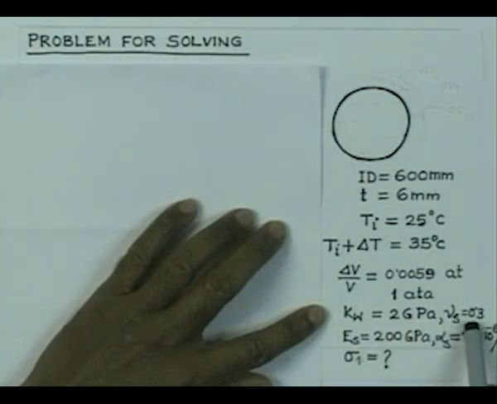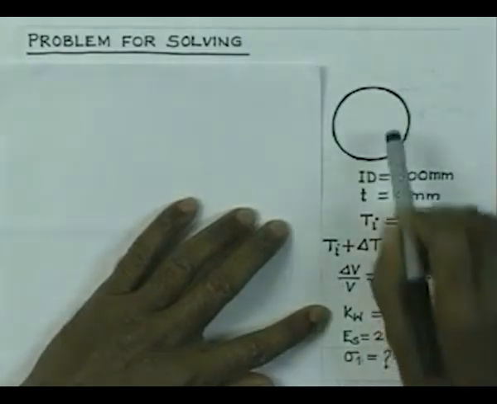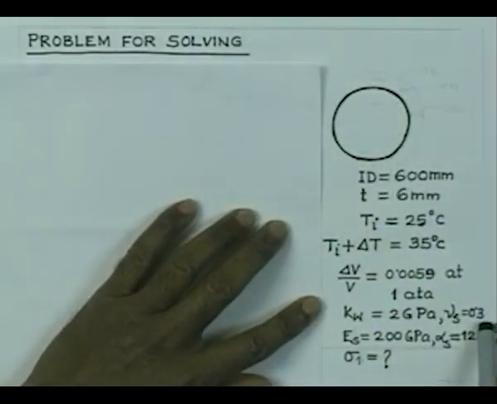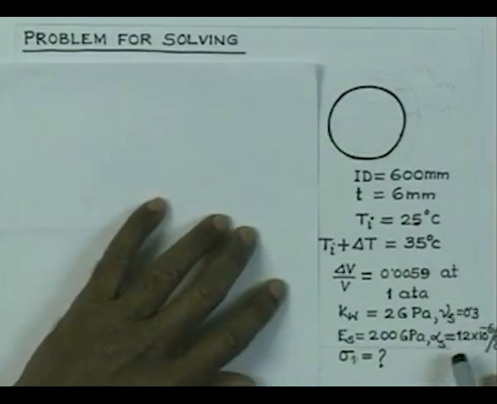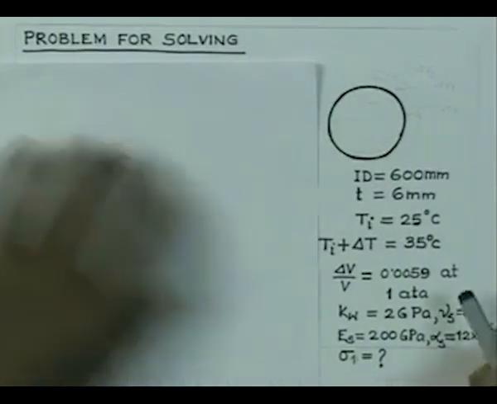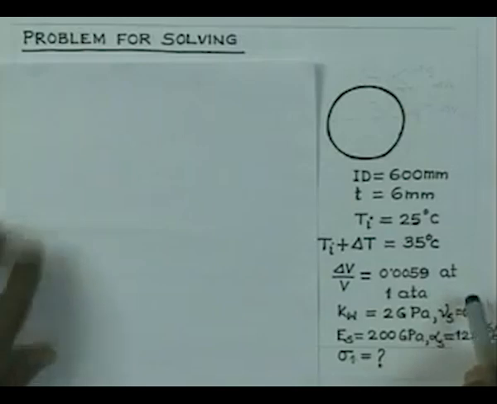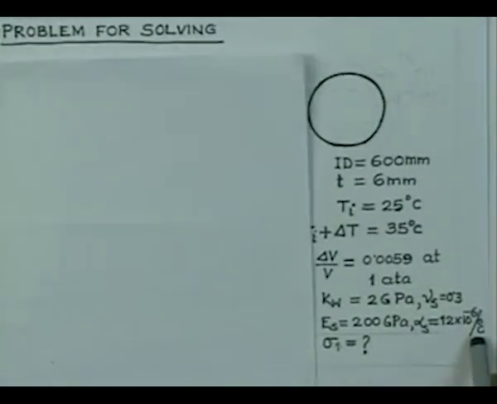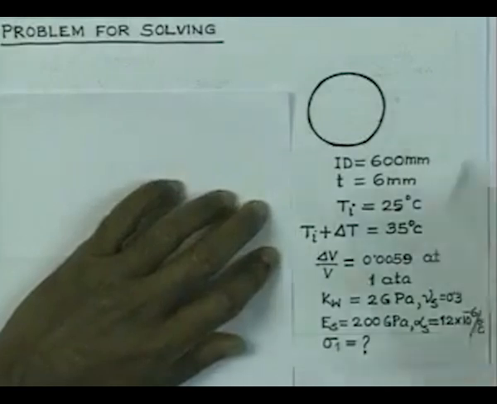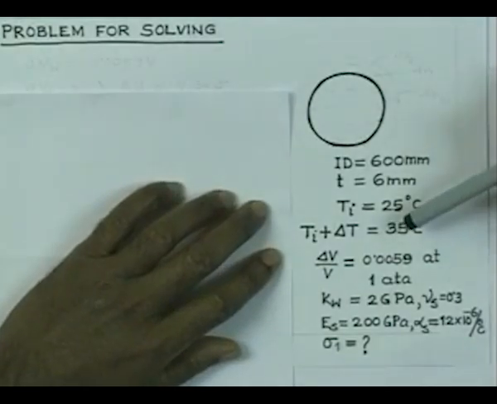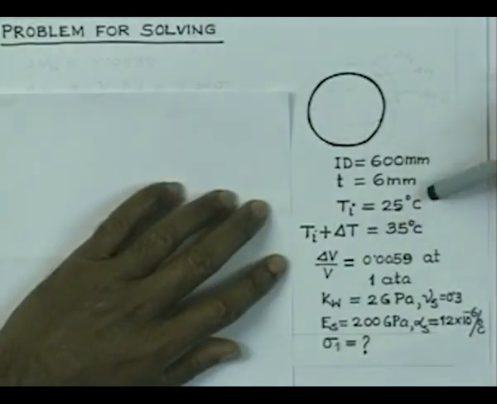This is a steel material, and nu S is equal to 0.3, Es is equal to 200 GPa, and the thermal coefficient of expansion of steel is 12 into 10 to the power minus 6 per degree centigrade. So, in this case you are trying to raise the temperature of water by 10 degree centigrade.